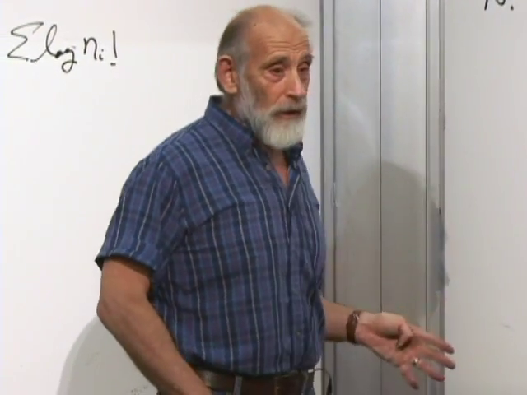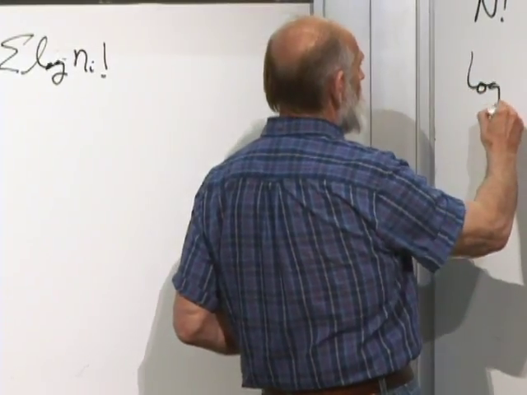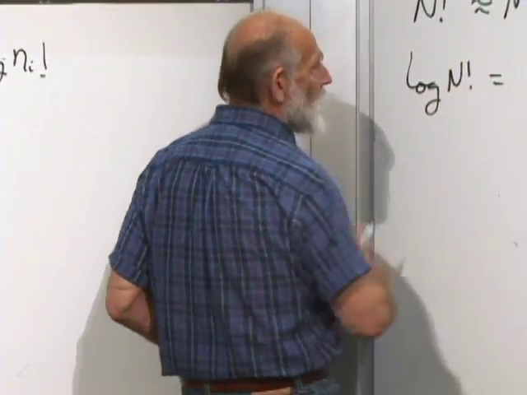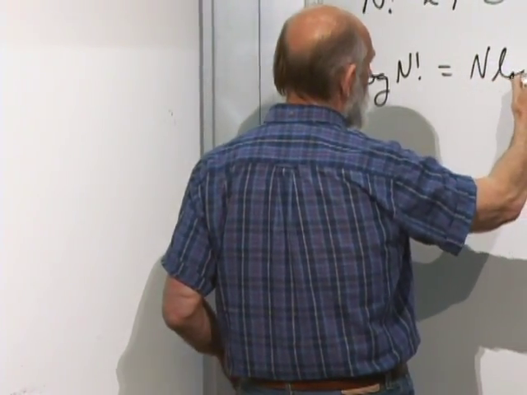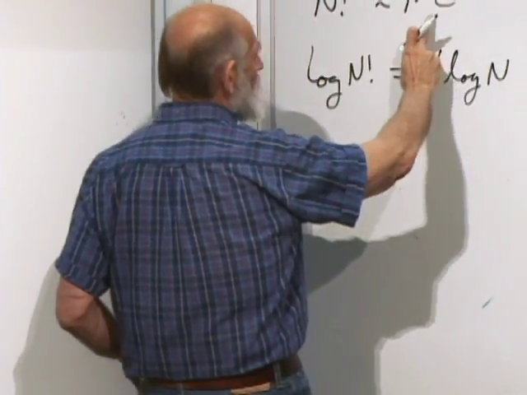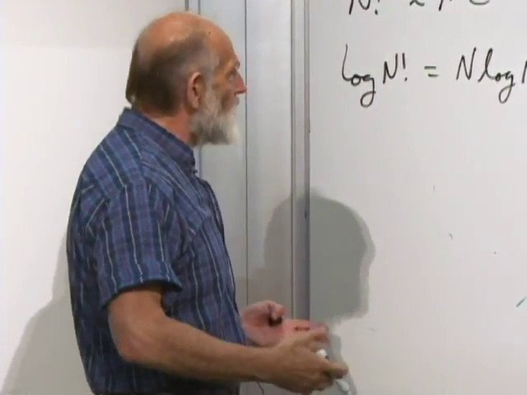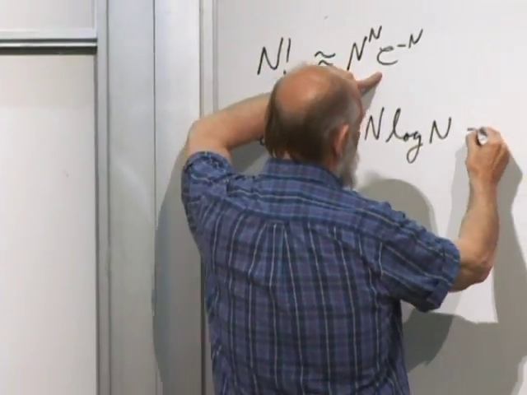But if you take its logarithm, you'll find it's really accurate. The logarithm of n factorial is equal to the logarithm of n to the n, that's n log n, plus the logarithm of e to the minus n. The logarithm of e to the minus n is just minus n.